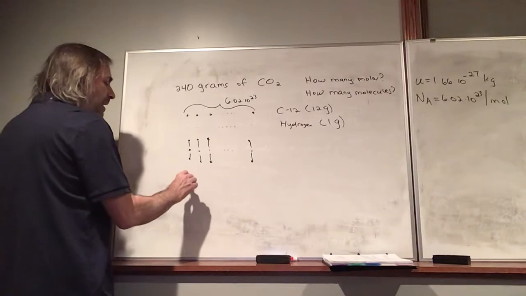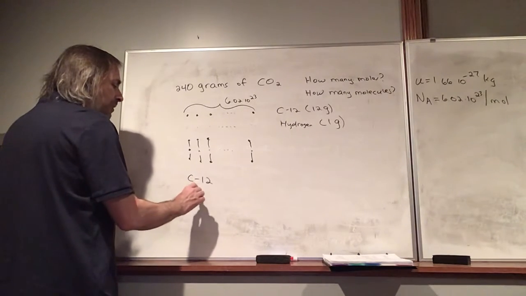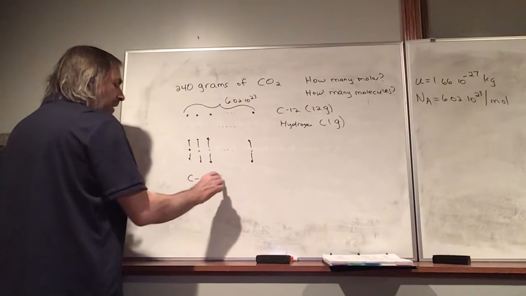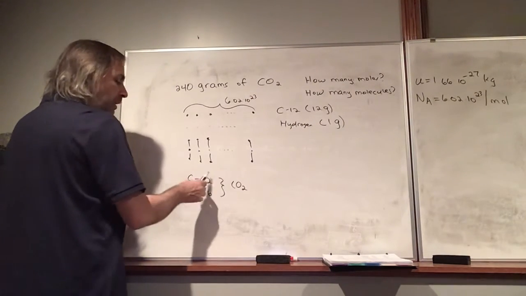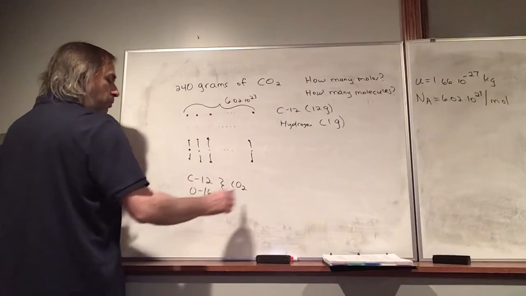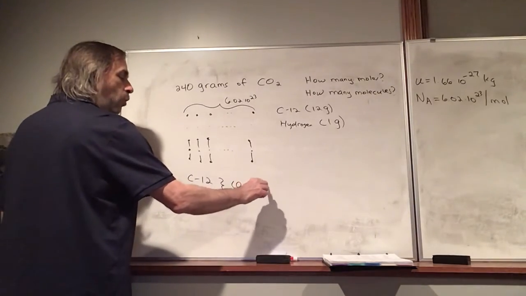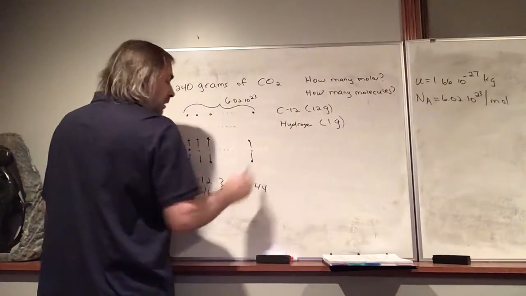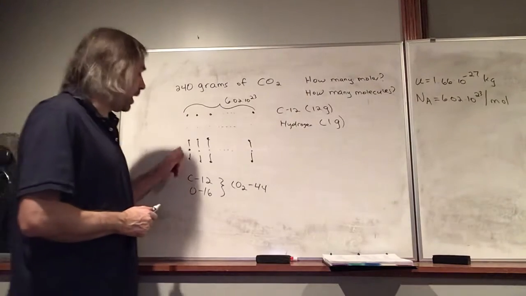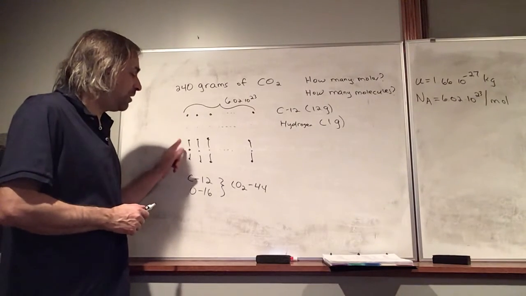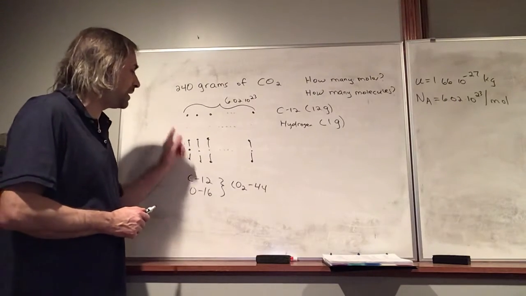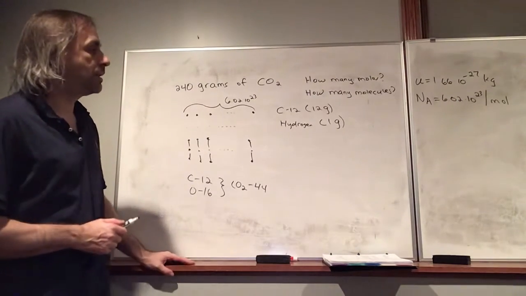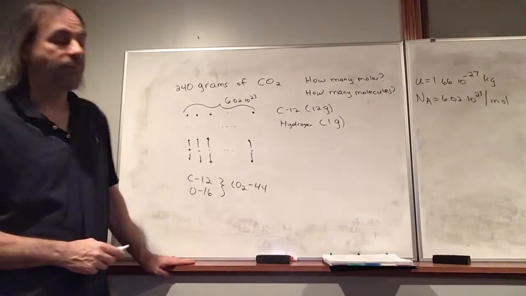Carbon has a mass of 12. Oxygen has a mass of 16. So if you combine that, CO2 would be 32 plus 12, that would be 44. And so a single molecule of carbon dioxide is 44 times as massive as a single atom of hydrogen.